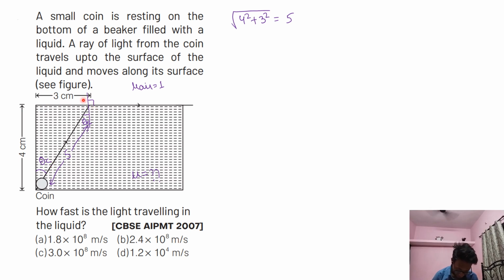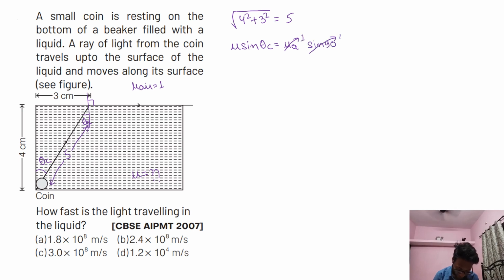So applying Snell's law out here: mu of water into sine theta c is equal to mu of air, which is 1, into sine 90.